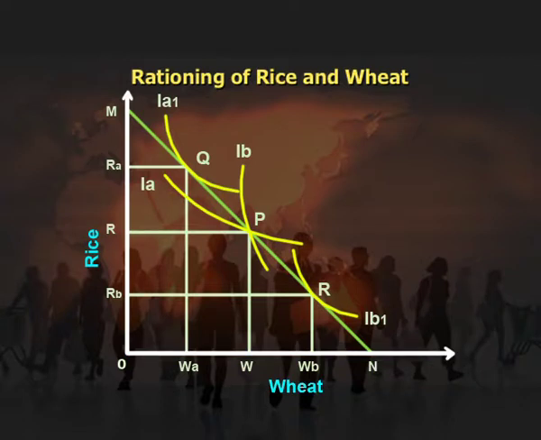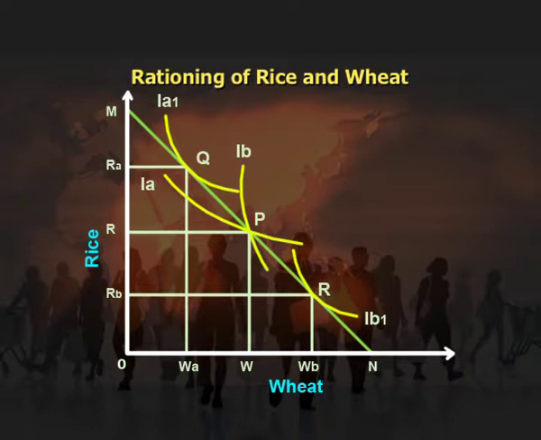According to the first system of rationing, both consumers A and B are given equal specific quantities of rice and wheat, OR plus OW. Consumer A is on indifference curve IA and B is on IB. With the introduction of the liberal scheme, each can have more or less of rice or wheat according to his taste.